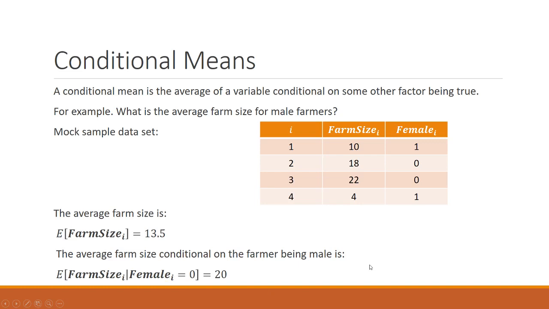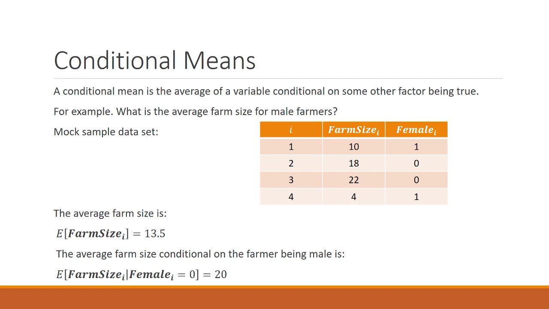And we can think about why that might be important. Let's say I just wanted to know, do male farmers have more land than female farmers? I might be interested in knowing that. Well, how would I know that? I would calculate the mean of farm size for females and the mean of farm size for males, and I would see if they're different.